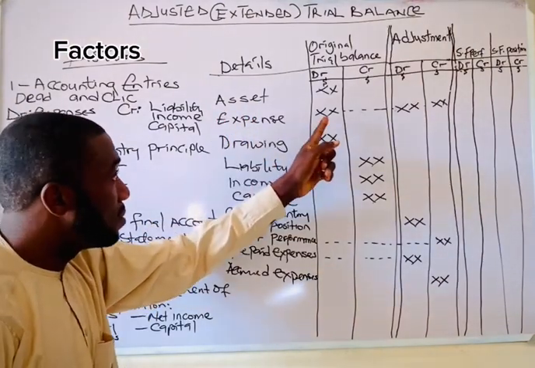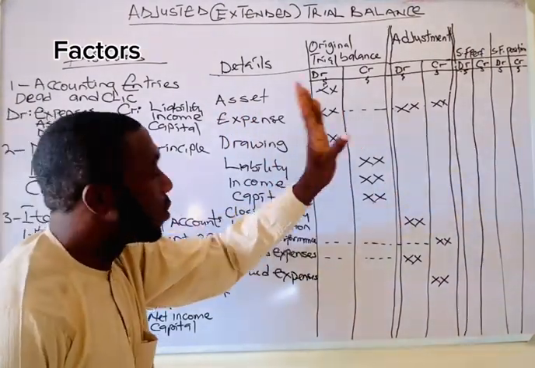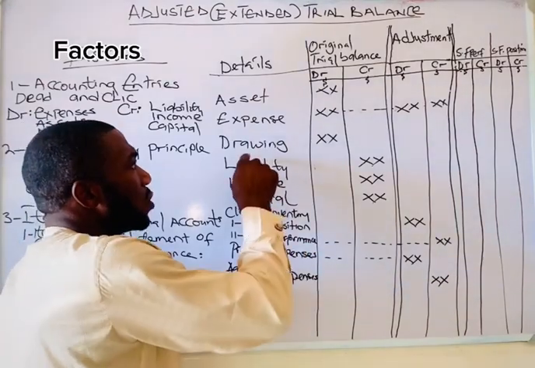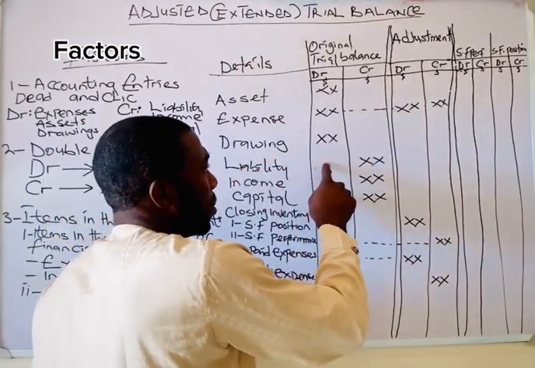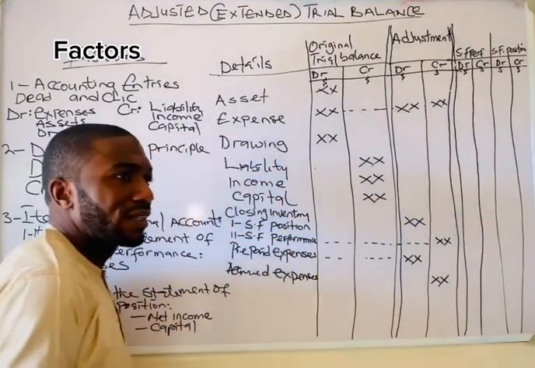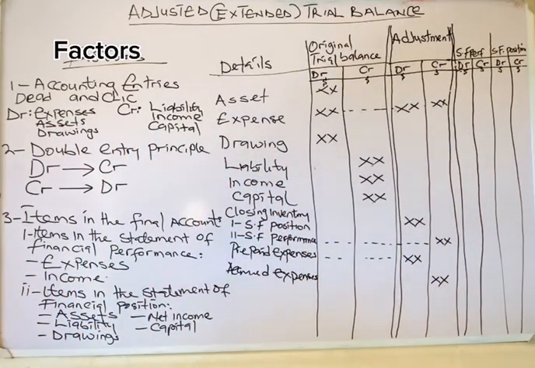If an expense is debit, you will debit your statement. If it is credit, your account that has a credit balance will go to your statements at the credit side of the account. Simple as that. So it's a direct relationship.